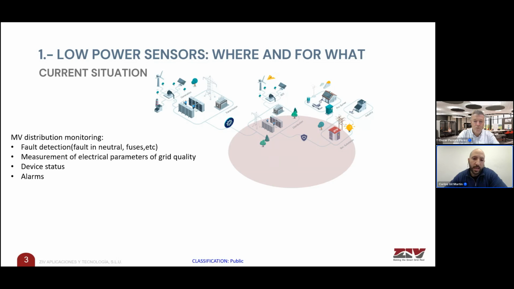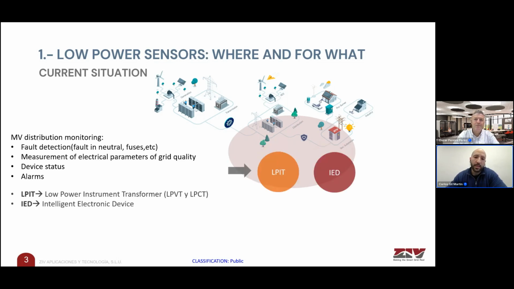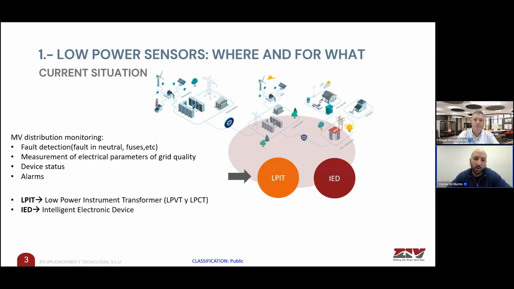So there are different tasks like fault detection, falling neutral, measurement of electrical parameters of the grid quality, device status, alarms, and these tasks are possible if we use two key components, low power instrument transformers and IED, the acronym of Intelligent Electronic Device. Both of them are now framed under one standard. It is the standard commented on previously in the title, 61869.